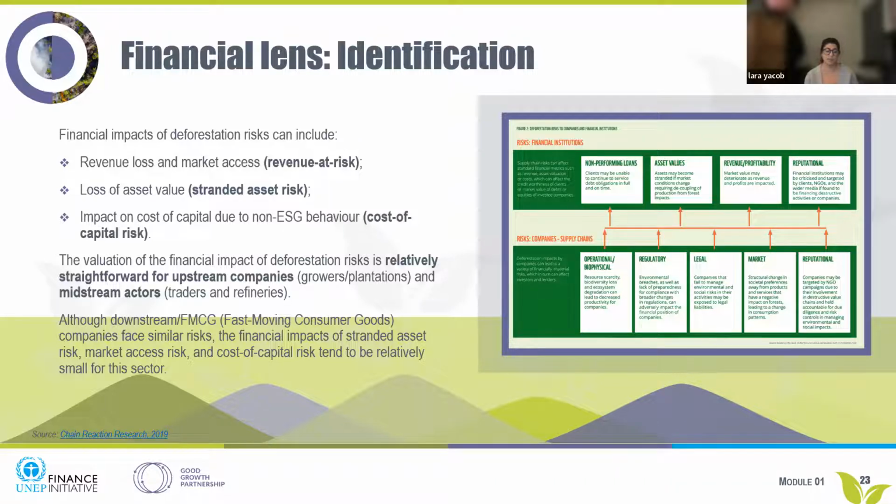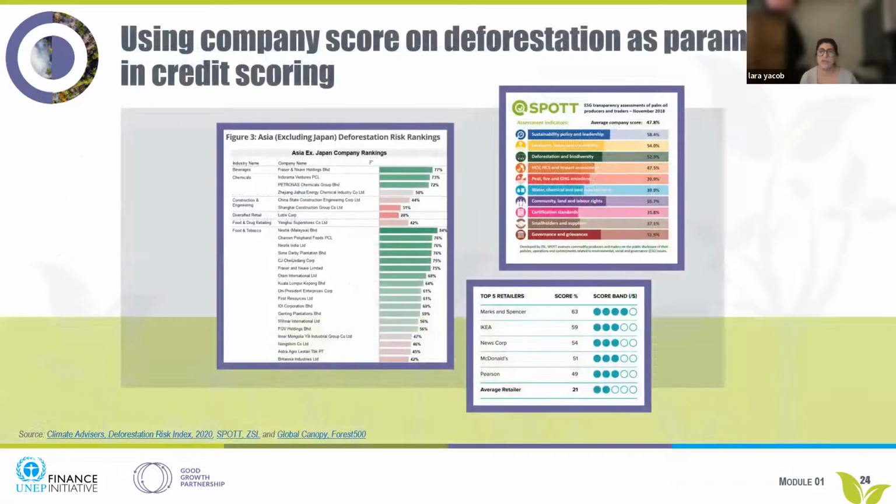Next slide, please. So for banks to start quantifying their risk and their risk exposure to clients and to particular sectors, they rely more and more, I would say, on NGO tools. We have this example from Spot.